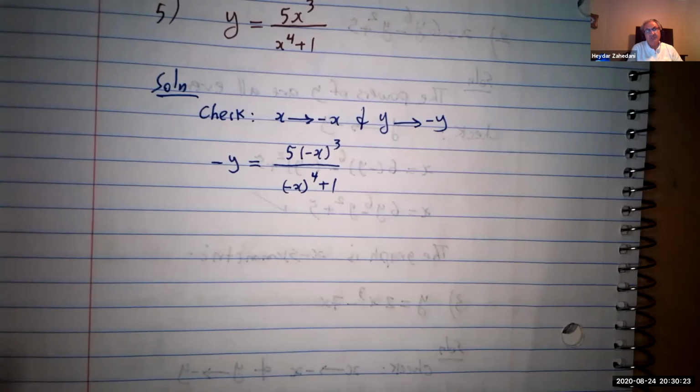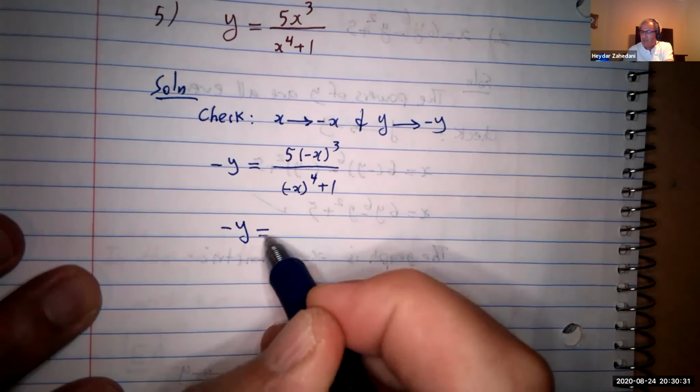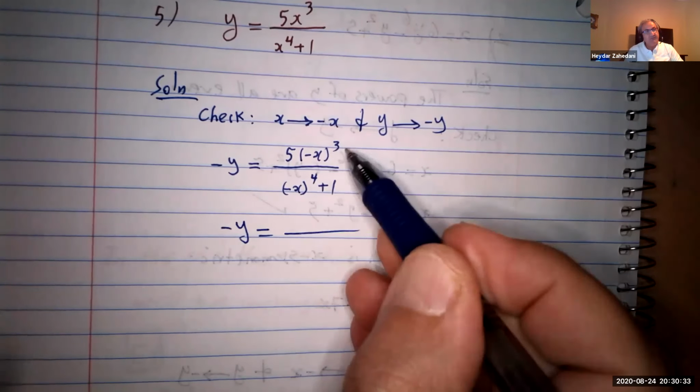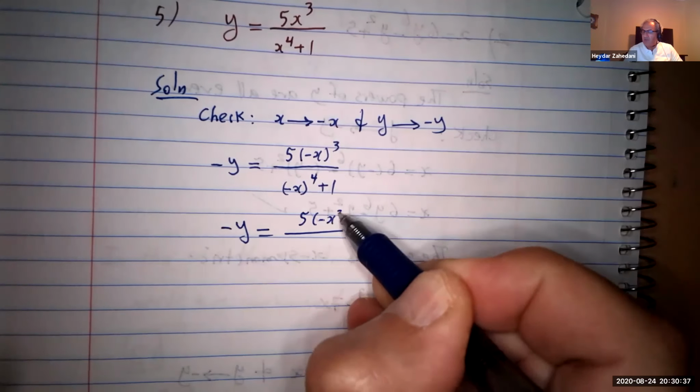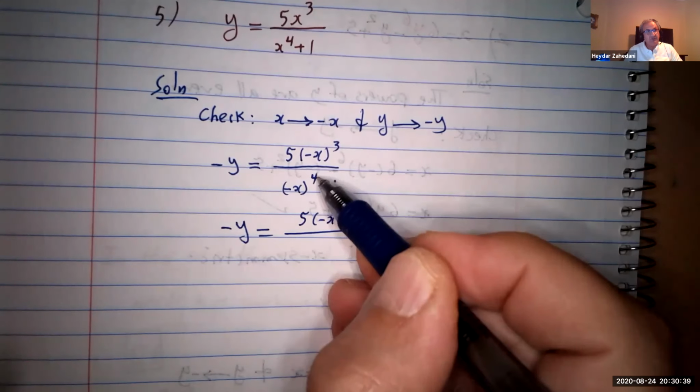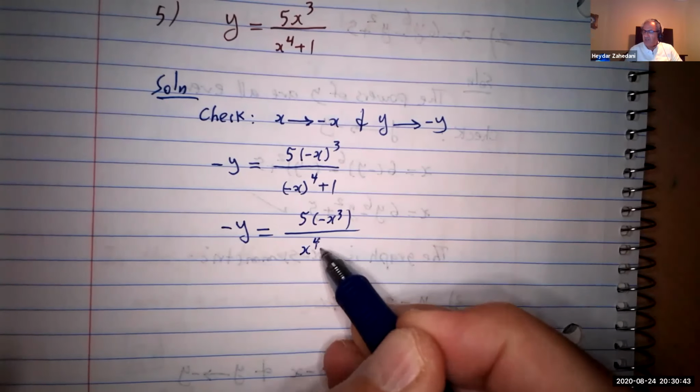Simplify it nicely to see if you can get back to the original equation. So let's see what we can do. This is negative y equal to 5 times negative x cubed. Over here, negative x to the fourth would be positive, so that gives x to the fourth plus 1.